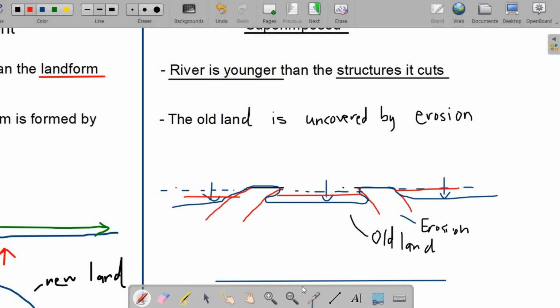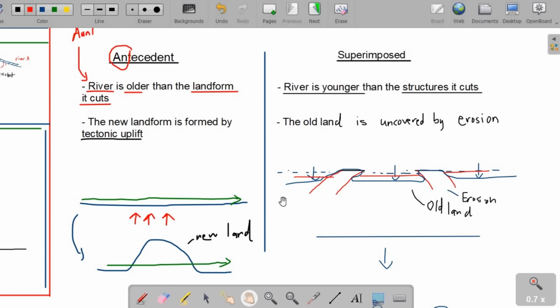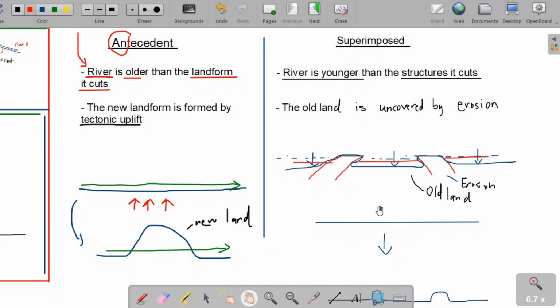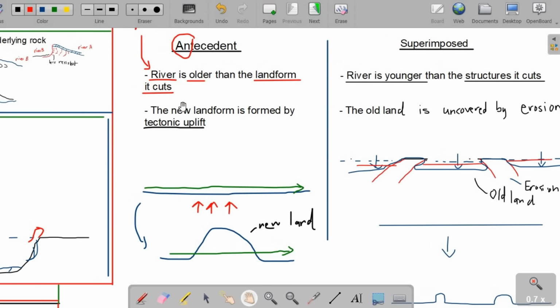It has been there, and so we say this is a superimposed drainage pattern, guys. This river is younger than the structures it cuts. Those structures were there, they were just uncovered by erosion. Over here, the river is older than the landform, because this is a new landform. This is new land, and it is formed by tectonic uplift.